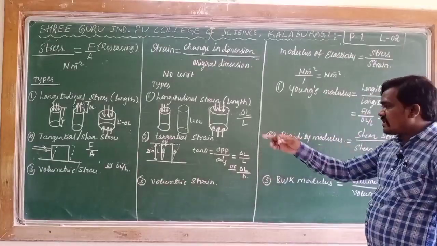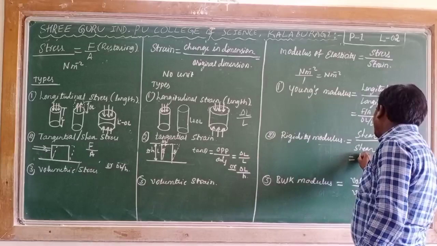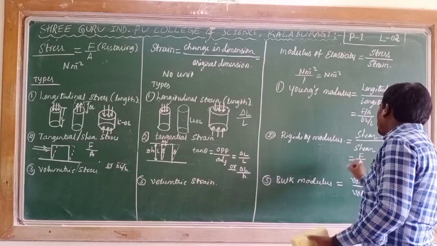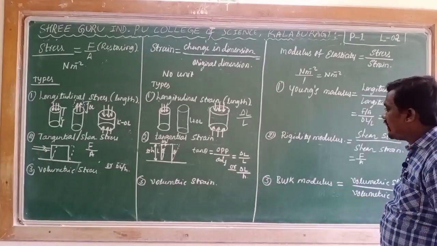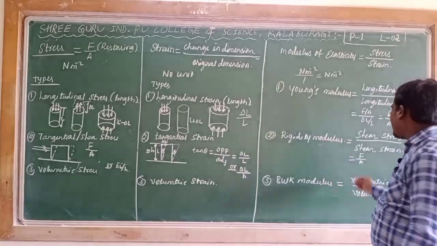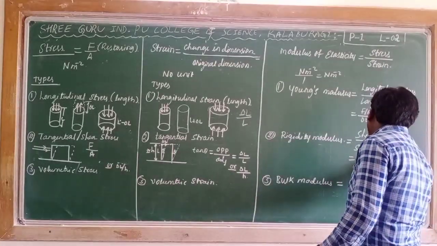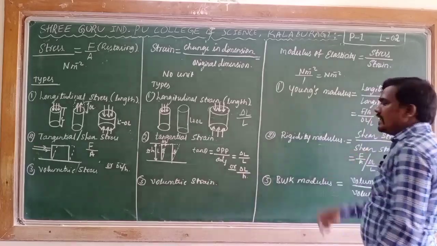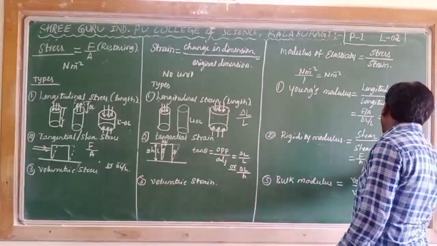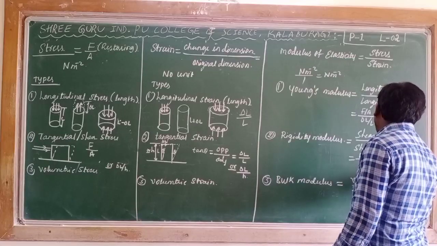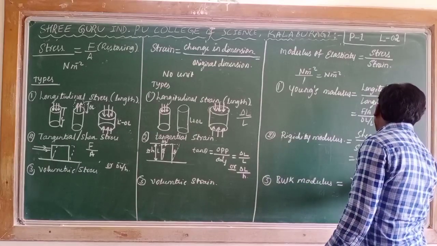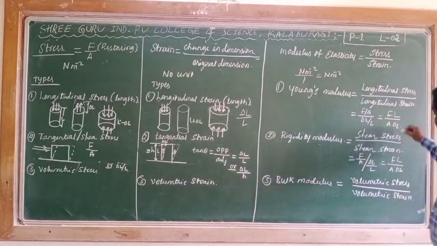What is tangential stress? Here also force is acting per unit area. What type of force? Parallel force is acting, divided by what is strain? That is delta L by L or delta L by H. We can write FL by A into delta L. Listen here.